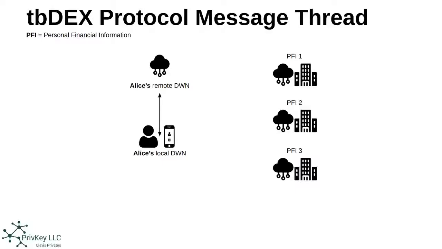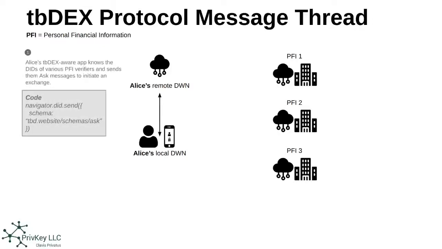But Alice has her own remote DWN nodes and Alice local nodes. They're all participating. The link here is these DWNs. So Alice sends, using her own tbDEX-aware app or decentralized web app that knows the DIDs of various of these PFIs.